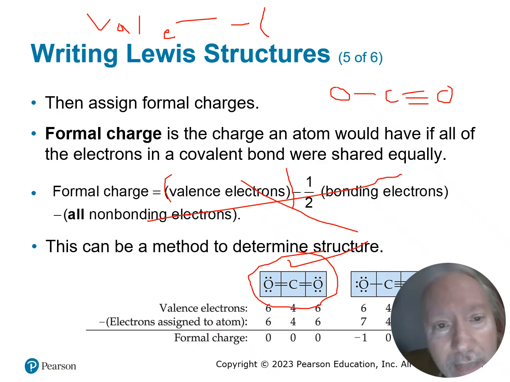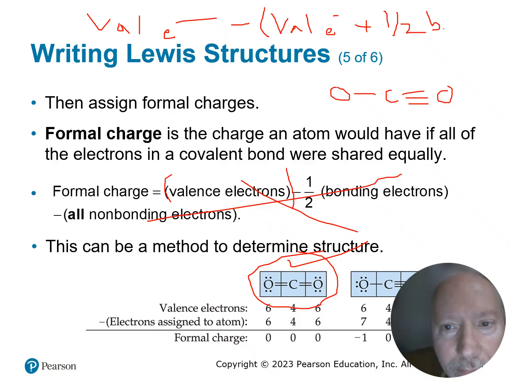So it's valence electrons minus the valence electrons it should have, plus the bonding electrons, which we'll call Be. We also have to include lone pair electrons if we're counting from the structure.